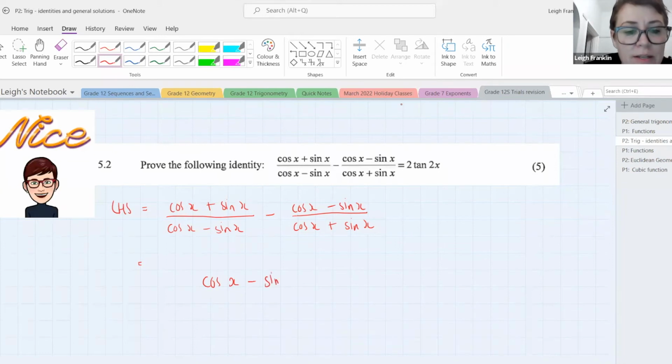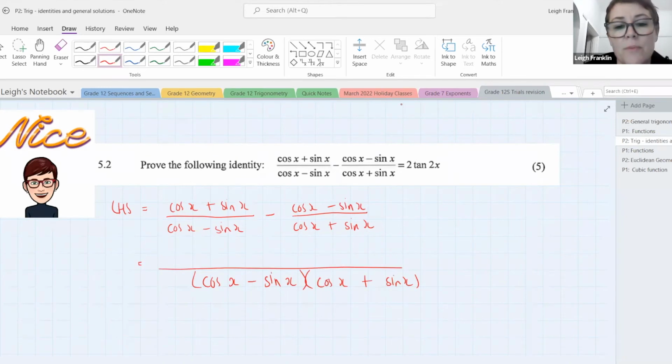So cos x minus sine x, and we're going to multiply that with cos x plus sine x. So that's going to be our lowest common denominator. What we multiply the denominator by, we've got to multiply the numerator by.